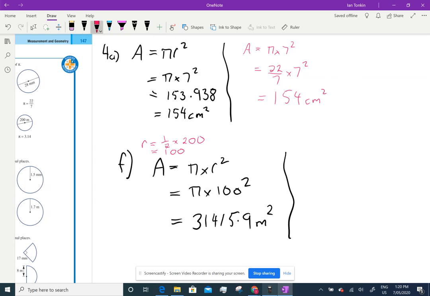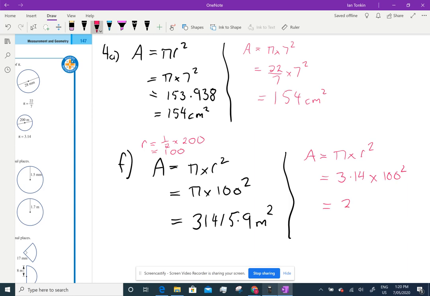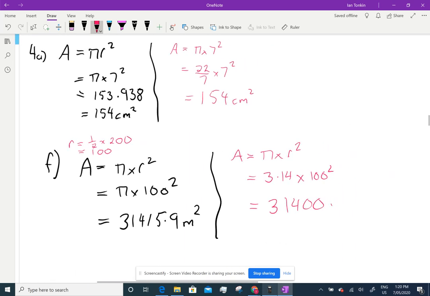Why? Because in the back of the book, they said use pi as 3.14. So 3.14 times 100 squared is 31400 square meters.